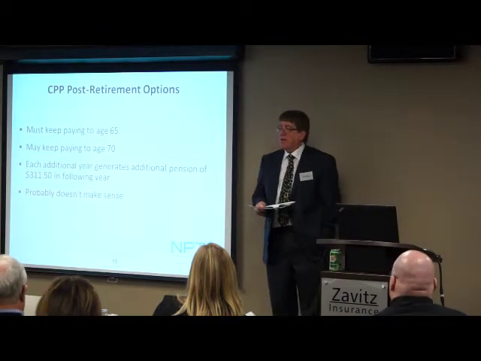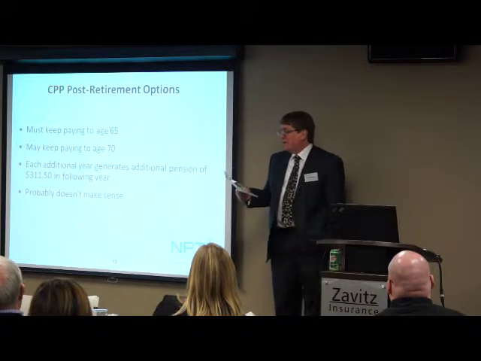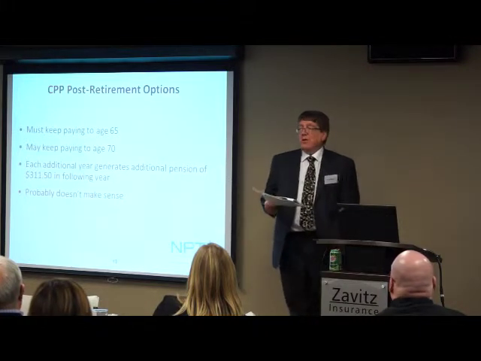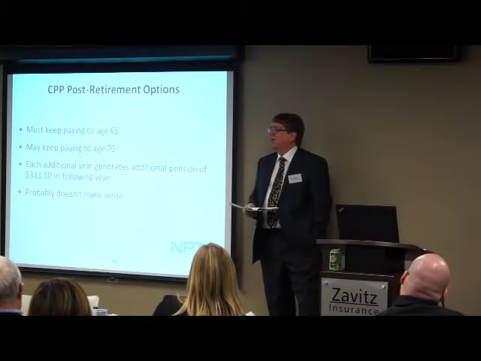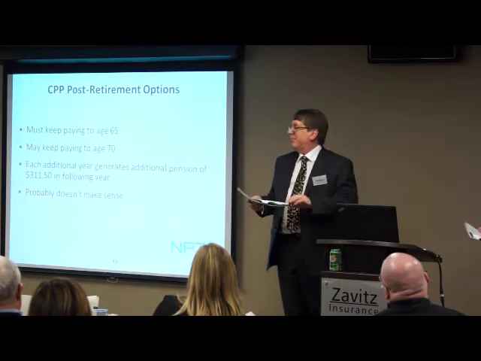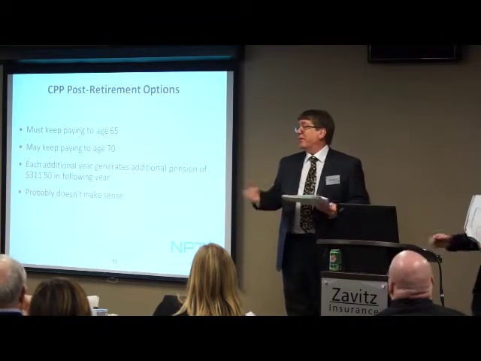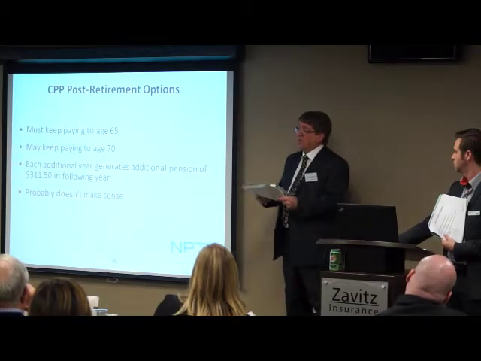Well, gee, I'm 66, I'm going to work this year, I still want to contribute. And if you contribute the full amount, then next year your pension goes up by $311. So that's a lot of money to pay for maybe not a very big benefit. And of course the cost you would pay age 65 to 70 is whatever the annual maximum is, which this year is about $4,800.